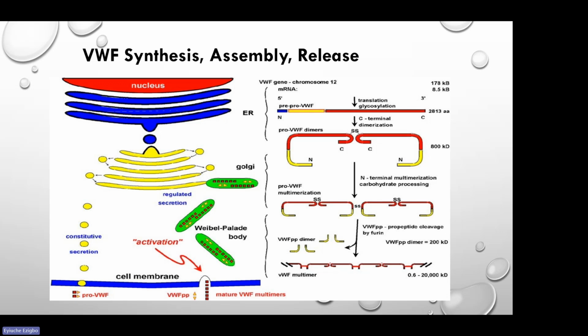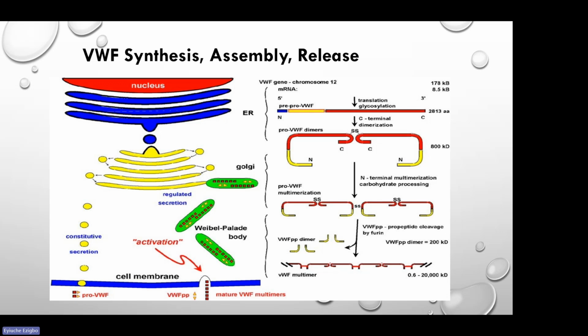The gene, the messenger RNA, translation and glycosylation occur at this level of the endoplasmic reticulum. Okay, so going down to C-terminal dimerization.